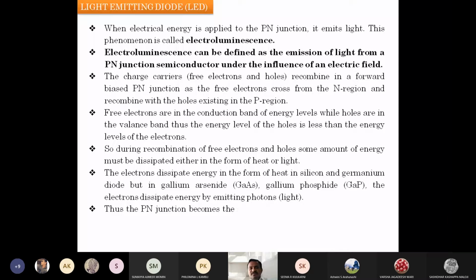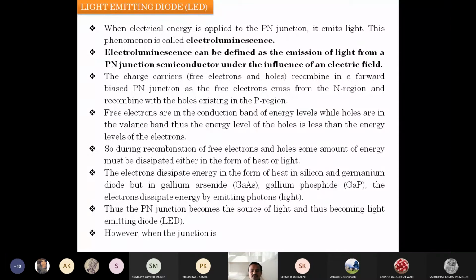The electrons dissipate energy in the form of heat in silicon and germanium diodes, but in gallium arsenide and gallium phosphide, the electrons dissipate energy by emitting photons, nothing but light.